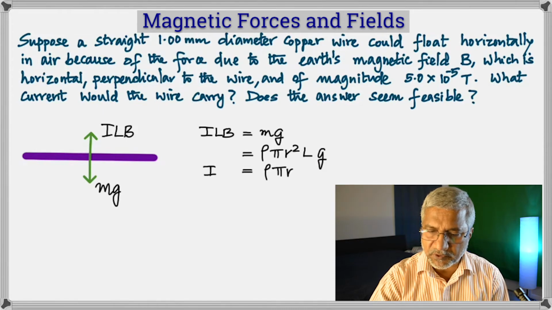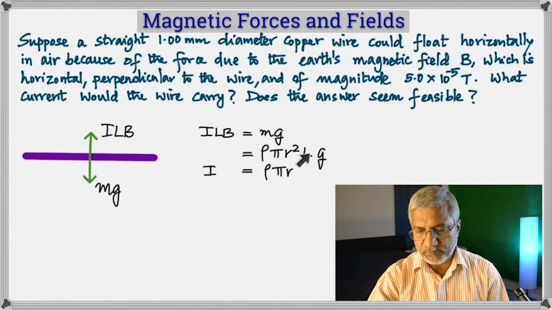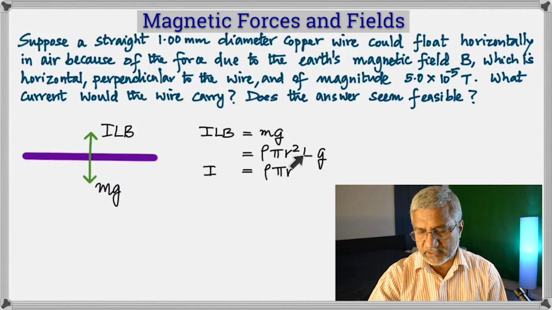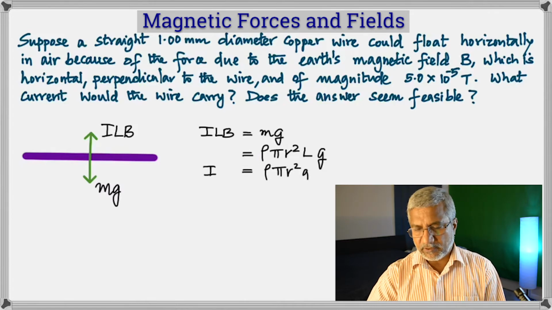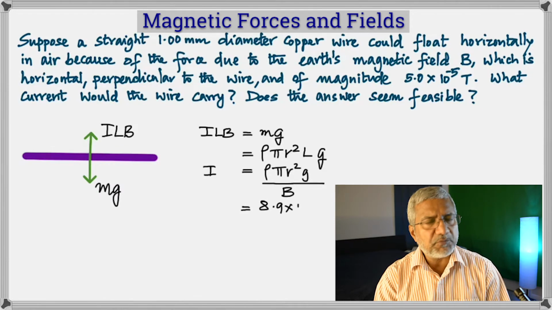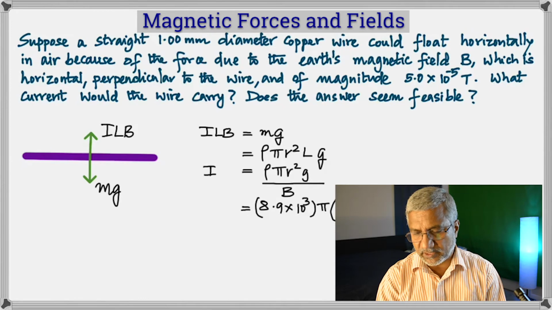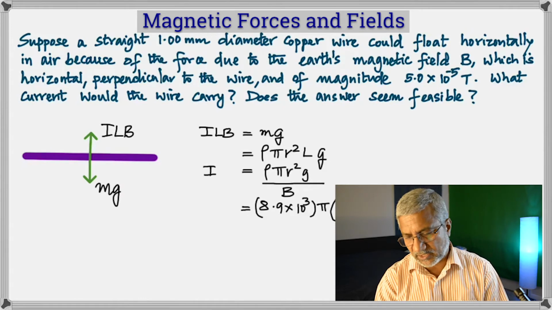That's what's coming up here. Mass is volume, isn't that volume? Pi r squared times the length is the volume times the density. So that's the mass, the whole thing. And then if you substitute all this, of course, you will be given the density, which is 8.9 times 10 to the 3, then pi r, which is half of the diameter.